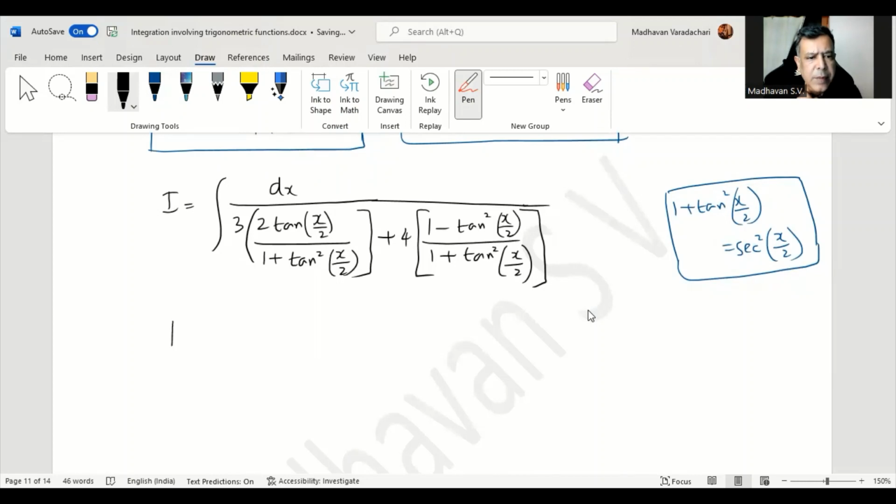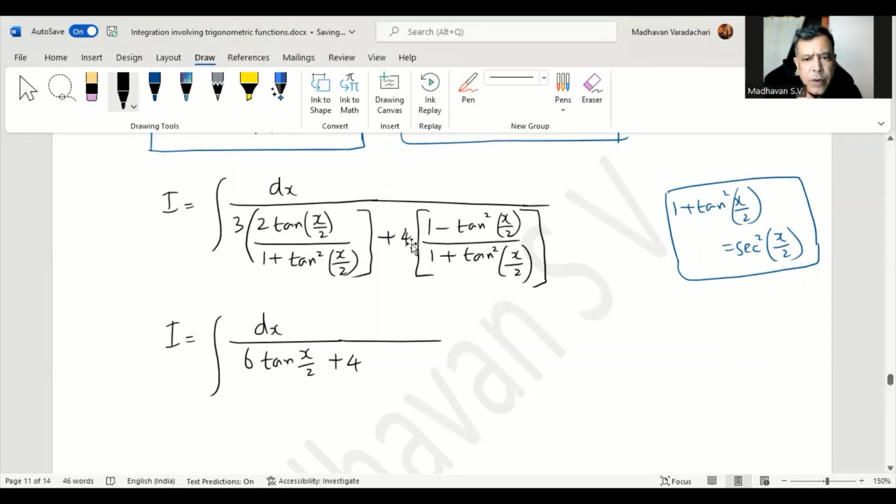So your I will become integral dx divided by 6 times tan x by 2 plus 4 times 1 is 4. 4 into minus tan square x by 2 is minus 4 tan square x by 2.